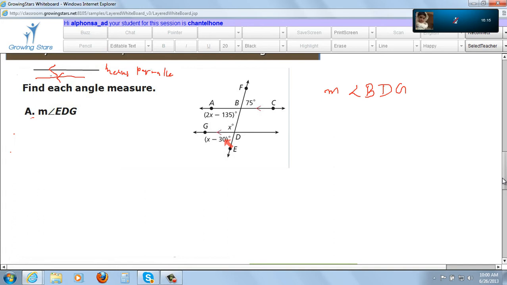Are they corresponding, alternate, interior, same side? They're corresponding. So according to corresponding angle postulate, you got they are congruent. Am I correct? Yes. So write down here x minus 30 equals 2x minus 135 and mention corresponding angle postulate.